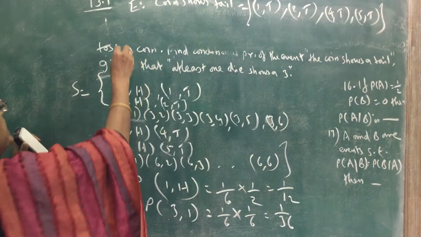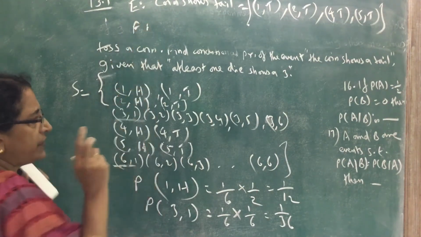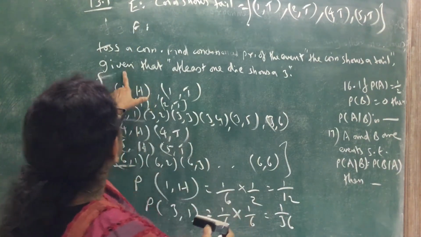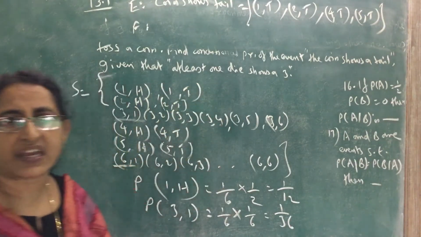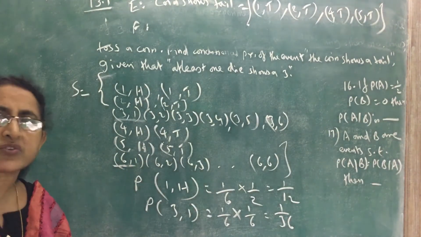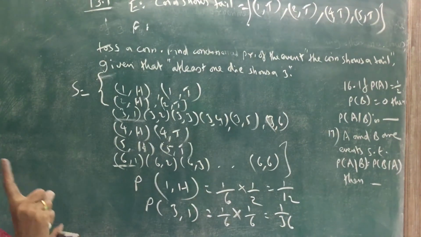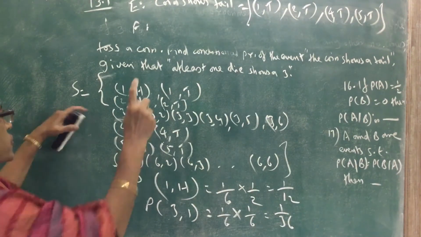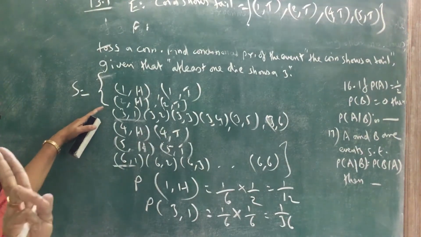Now F. What is F? What is given? Given that at least one die shows a 3. So minimum (1,3) or (2,3) also we can write. At least one die shows a 3. So here any (1,3) and (2,3) we can write.